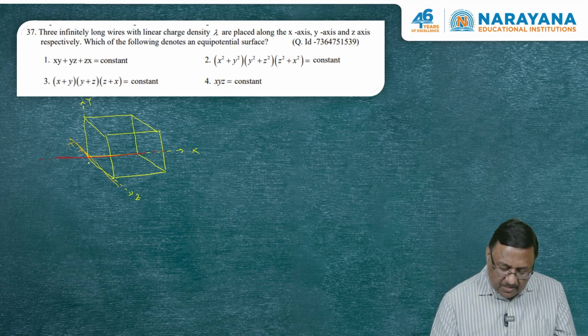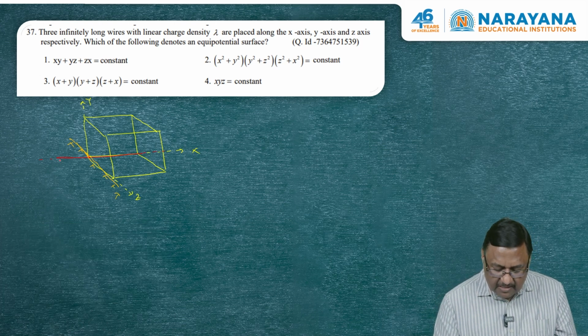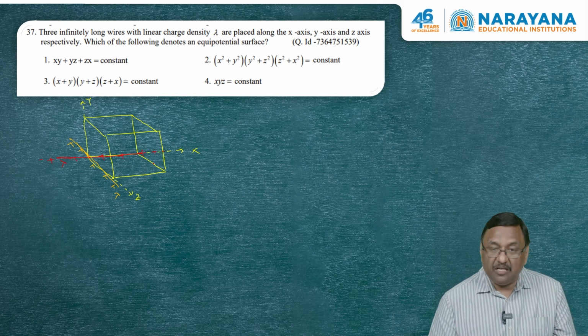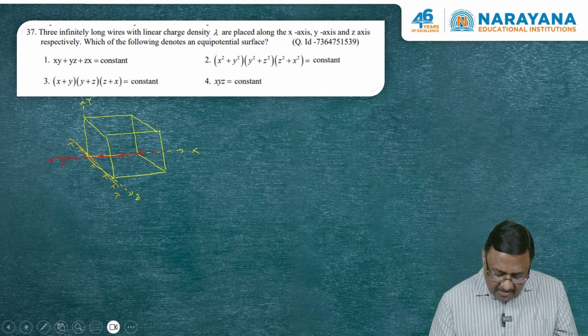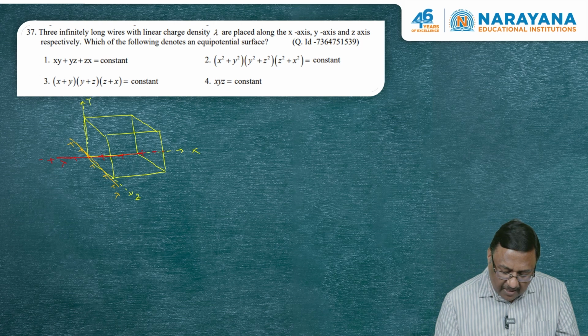All these wires have the same linear charge density lambda. Similarly, this wire also has the same linear charge density lambda, so it is going to carry the same positive charge, because the nature is not changing. Similarly, the last wire I am keeping along the y-axis is going to be something like this.